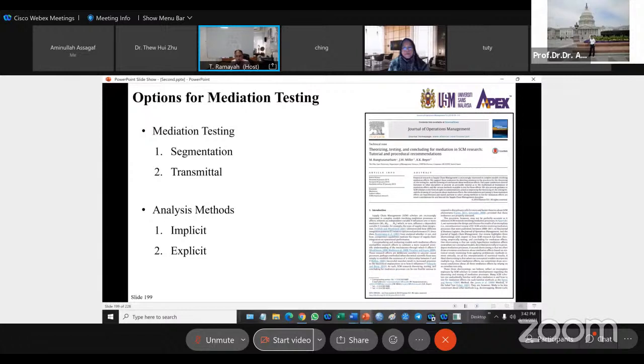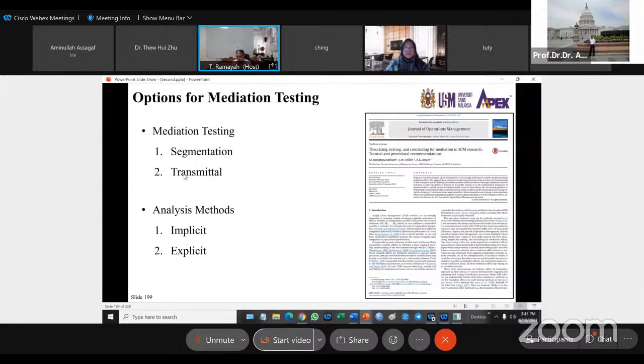The other paper I would strongly recommend you to read is this paper written by Rungtusanatham in 2014 in the Journal of Operations Management. They have now divided the analysis into 2 parts. You can test mediation using segmentation. That is what we have been doing: independent to mediator, mediator to dependent, and then the mediation. But you can also follow the second one, which is transmittal. You just test the mediation.